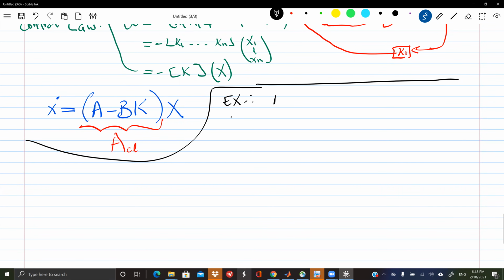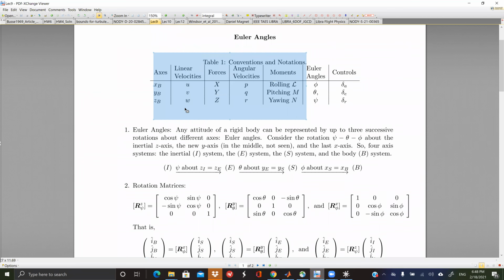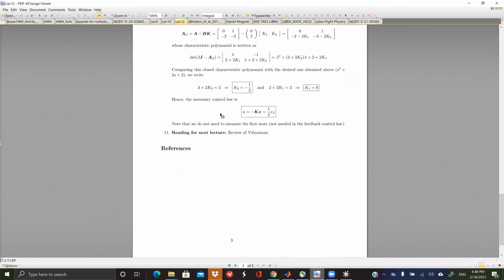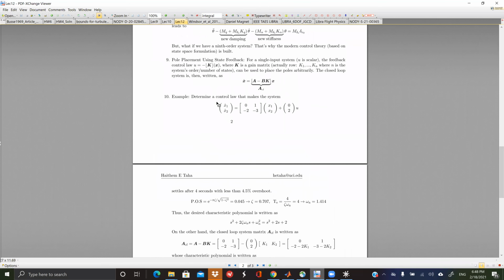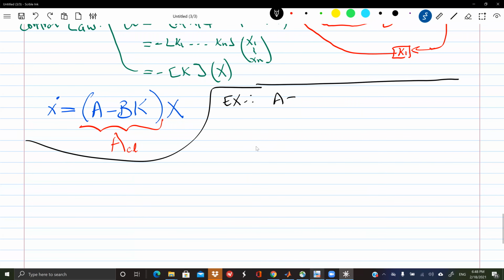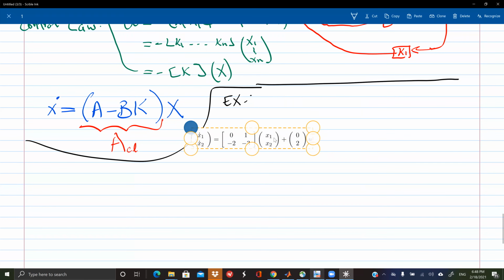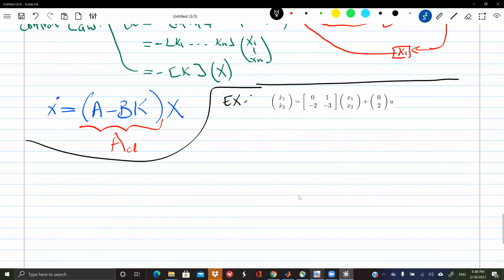Example, the A matrix, here it is, actually I have it here. This is your system, and it is desired to achieve a settling time of 4 seconds and a percentage overshoot of 4.5%.